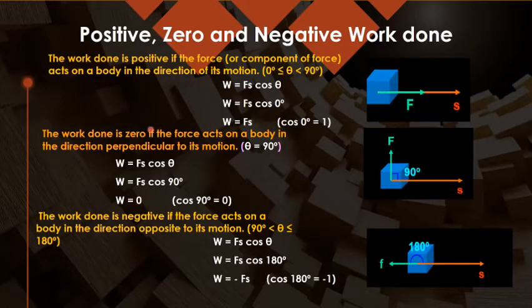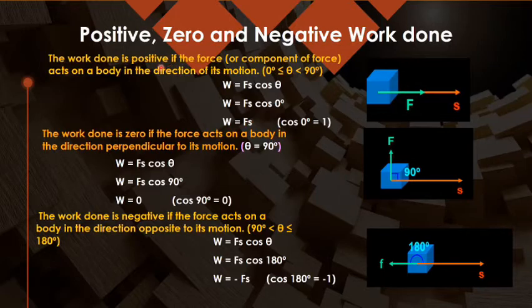Now, depending upon theta: if I am applying the force in one direction and the body is moving in the same direction, then theta is 0. When theta is 0, cos 0 is 1, so work done is simply the force multiplied by the displacement. In this case work done is positive.